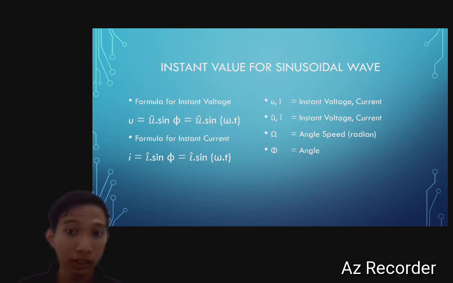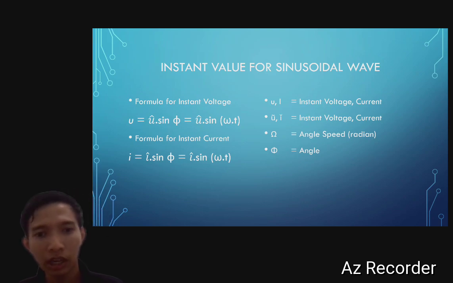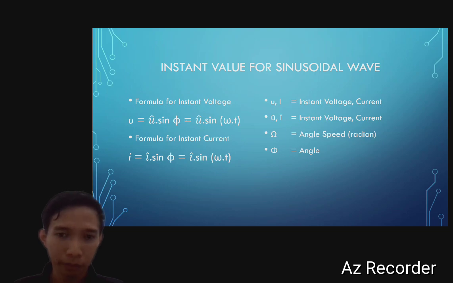Next, we have instant value for the sinusoidal wave formula. The formula for instant voltage is U, or voltage, equals the maximum voltage times sin times the angle, or the maximum voltage times sin times omega times the time.